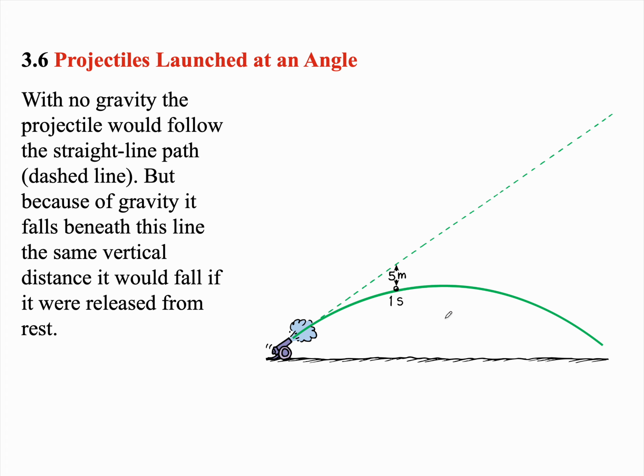If you remember, 5 meters is how far a projectile falls if it's dropped from rest after 1 second as well. And after 2 seconds, it's going to fall 20 meters from that point. And after 3 seconds, 45 meters. Well, 20 meters is how far an object dropped from rest falls in 2 seconds. 45 meters is how far something dropped from rest falls in 3 seconds. So there's something interesting going on here.